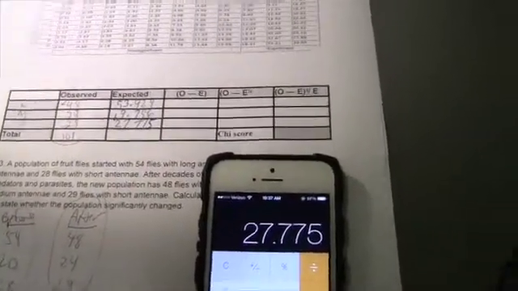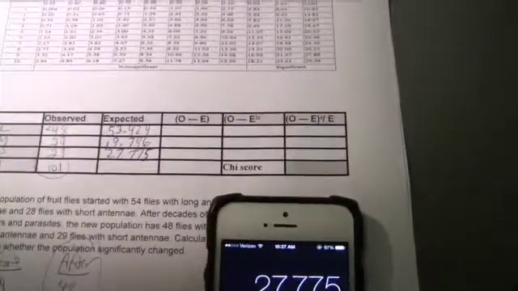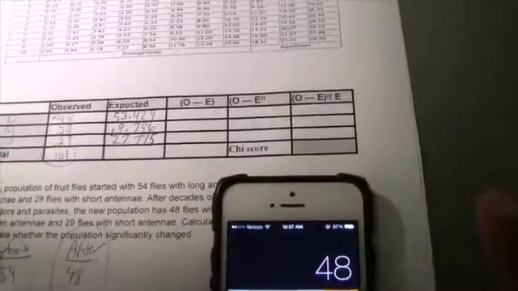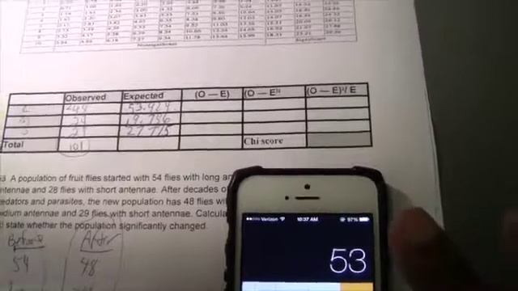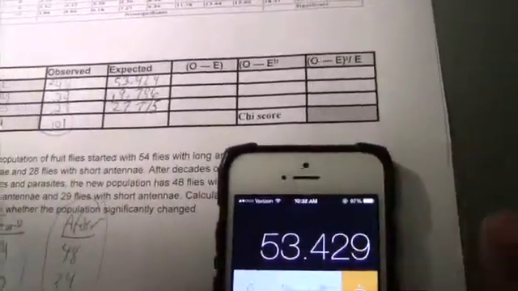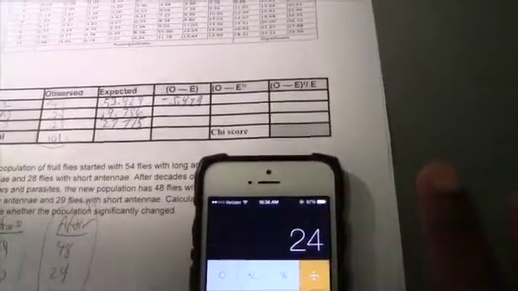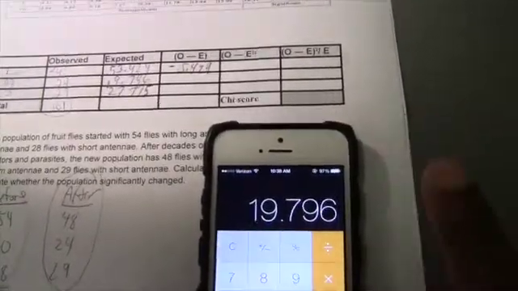So now let's just do our observed minus expected. So we have 48 minus 53.429. So it's negative 5.429. Same thing here, 24 minus our expected 19.796.